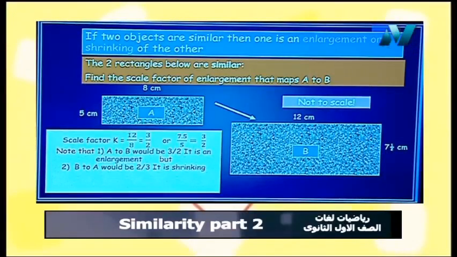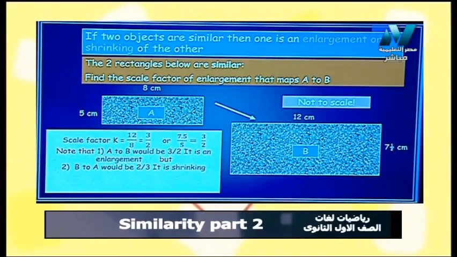So 12 over 8 equals 3 over 2, and 7.5 over 5 equals 3 over 2. It is the same ratio, so we can say that the 2 rectangles are similar.